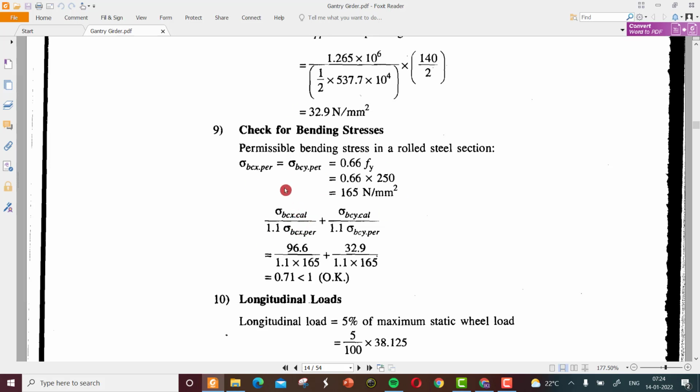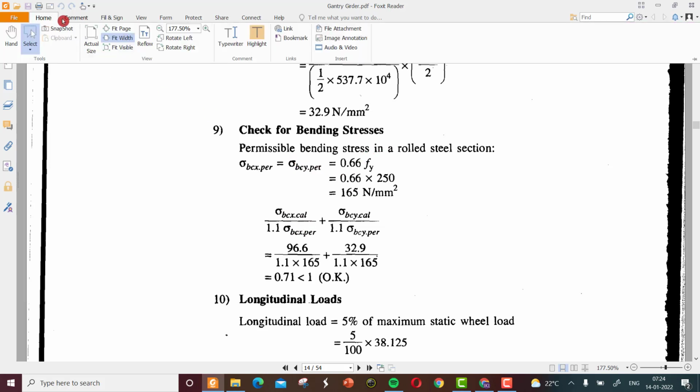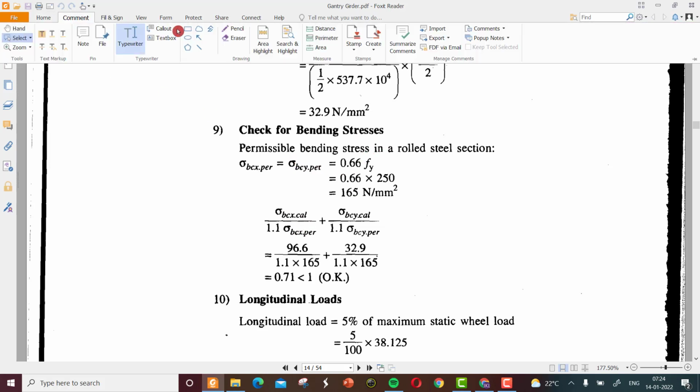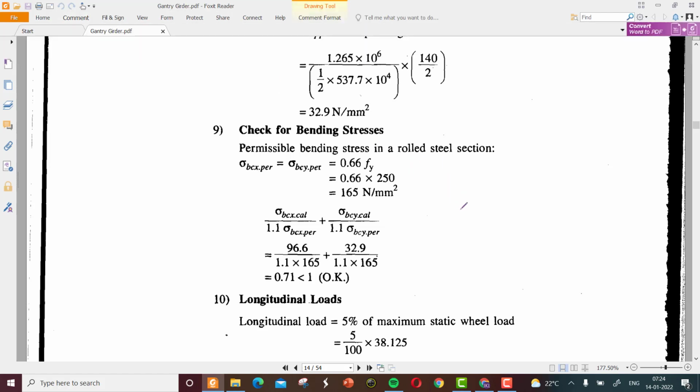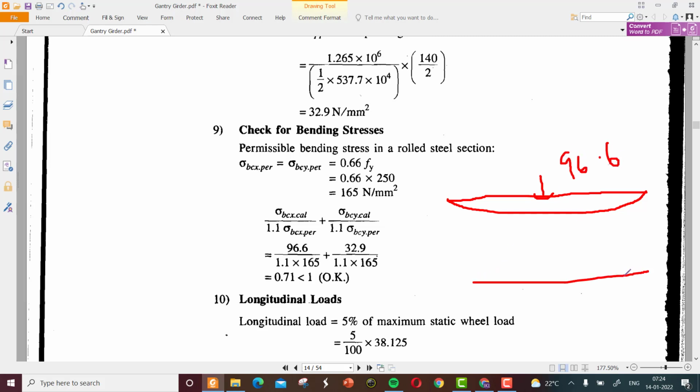The first one is for the longitudinal bending. Suppose the gantry girder bends in this way, and this bending stress is actually 96.6, and it's in the side view.